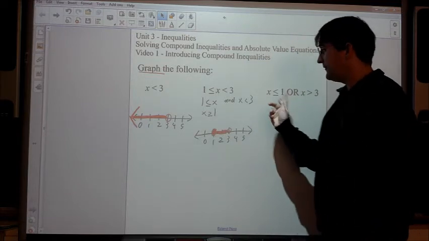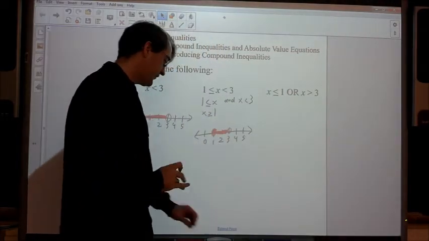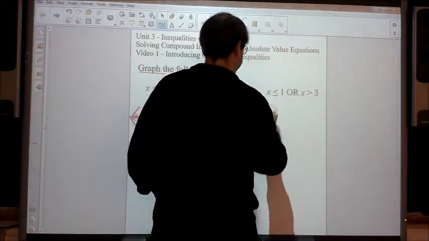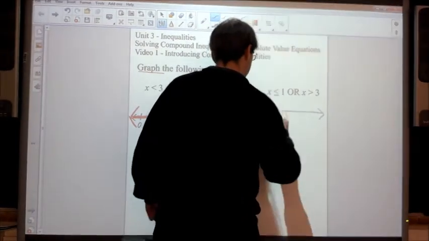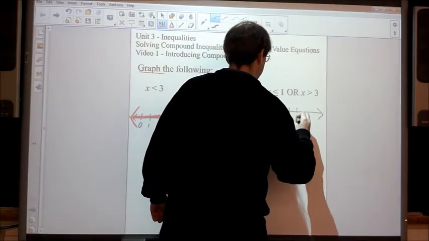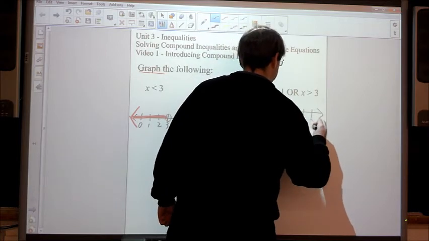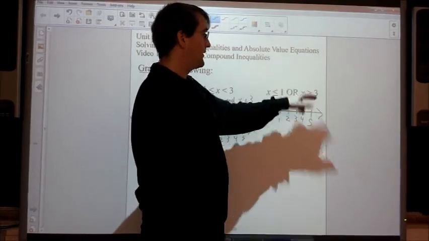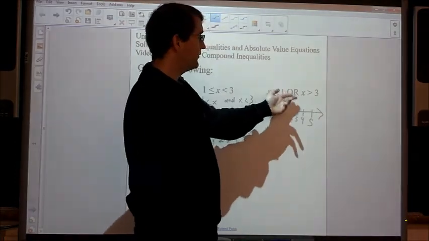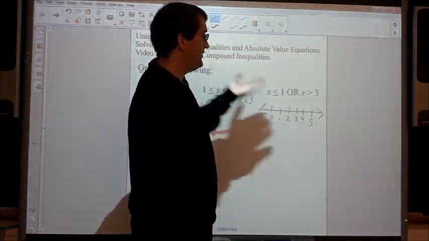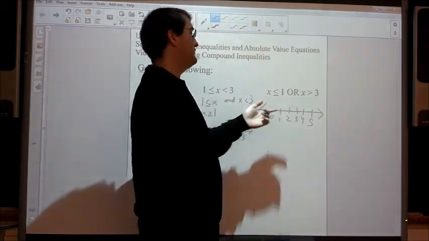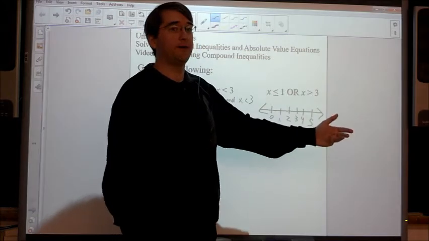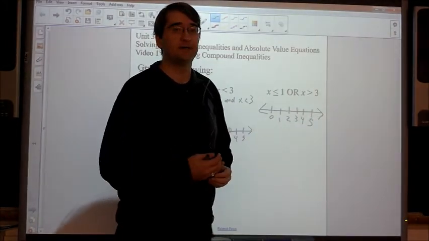Now for an OR, again, it's the same general setup. I use my same number line. 0, 1, 2, 3, 4, and 5. And now I'm showing that x is less than or equal to 1, or x is greater than 3. And we have to say an or in there because it can't be an and. You can't have a number that's both less than 1 and also greater than 3 at the same time. They contradict each other.